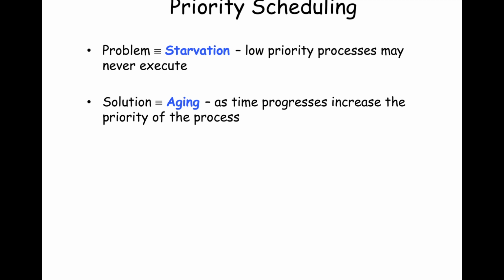And so aging is a solution for getting around this issue of starvation, because at the end of the day, the idea of having priorities is to allow a preference for a certain process, and that might be because it's a critical operation for the system, or maybe you have a so-called real-time system. In a real-time system, those computations are different in that you're not just concerned about what the process or thread is doing.